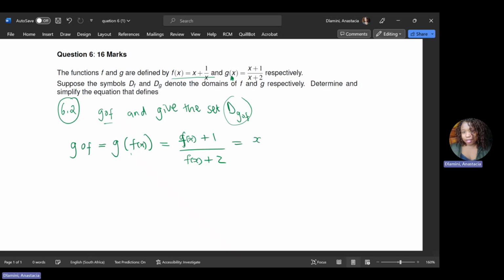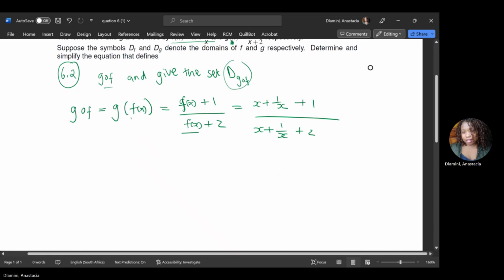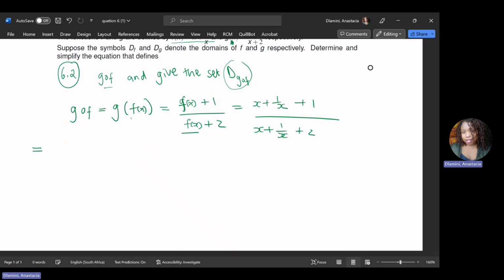F of X is X plus 1 over X plus 1, so this is X plus 1 over X plus 2.